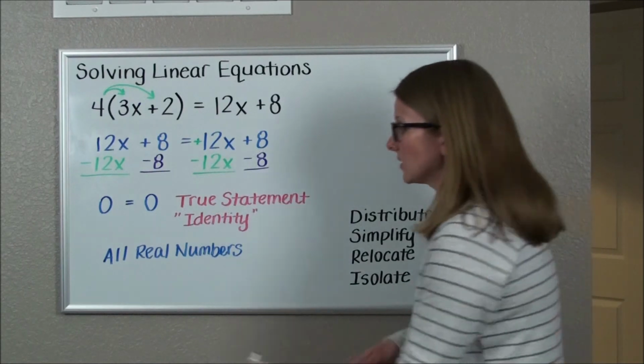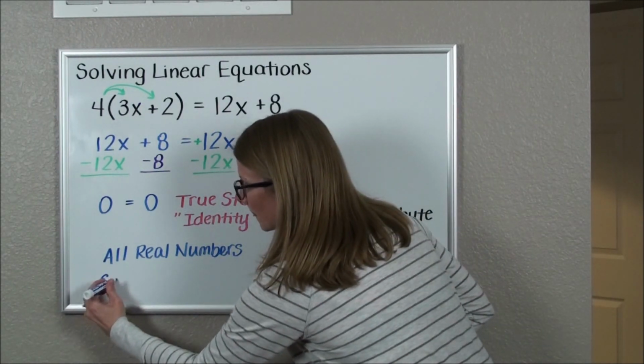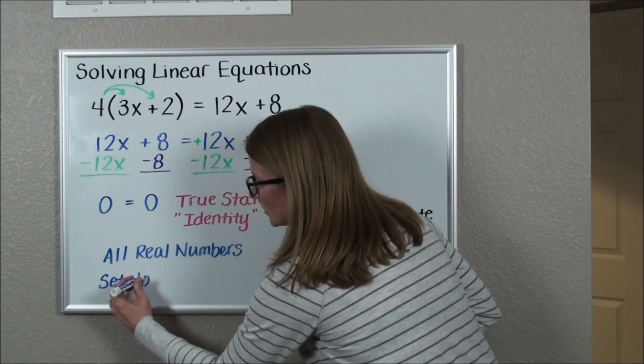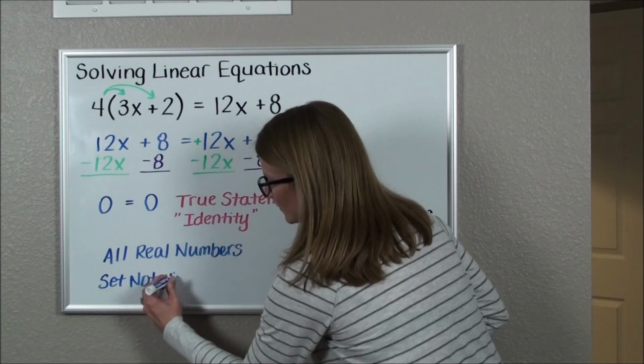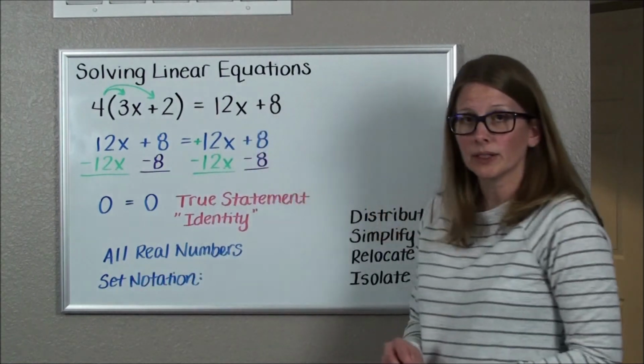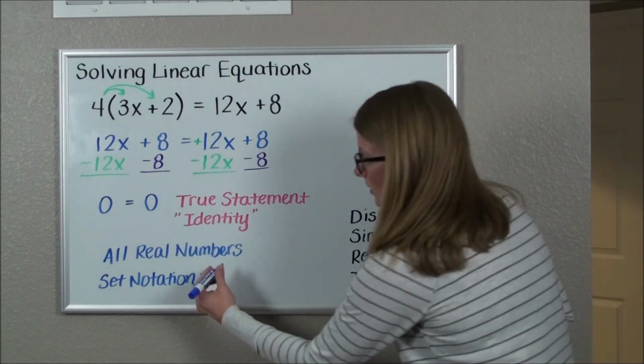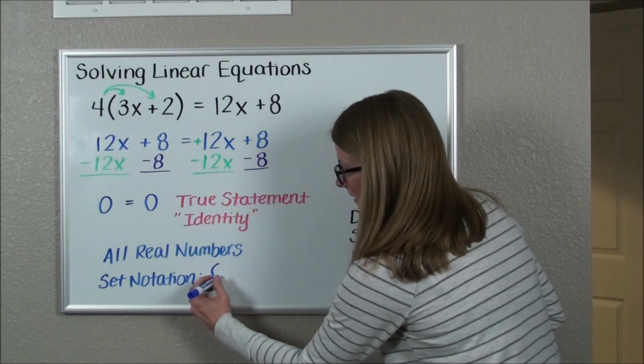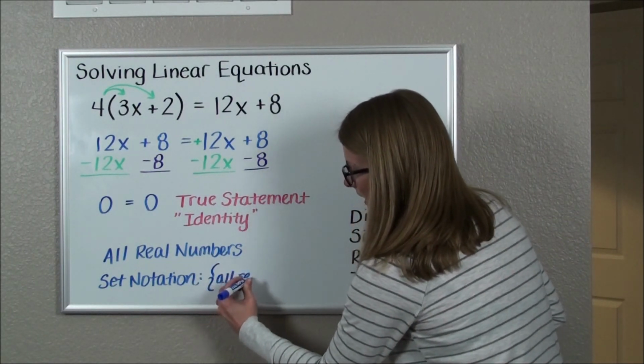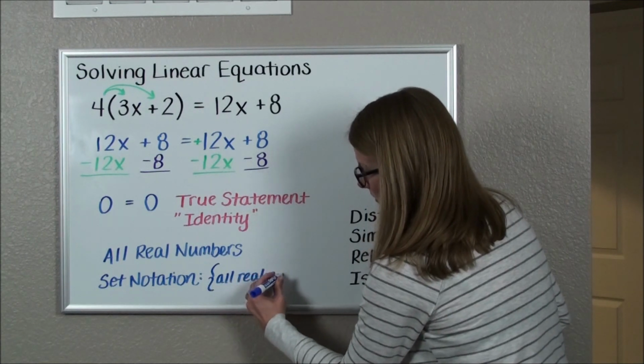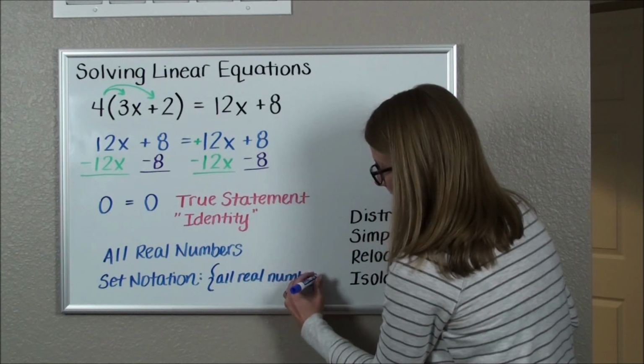Now if you were being asked for set notation, there's two different ways you can do this. To say all real numbers in set notation, you can just use the braces to say the set of, and then just write all real numbers inside it.